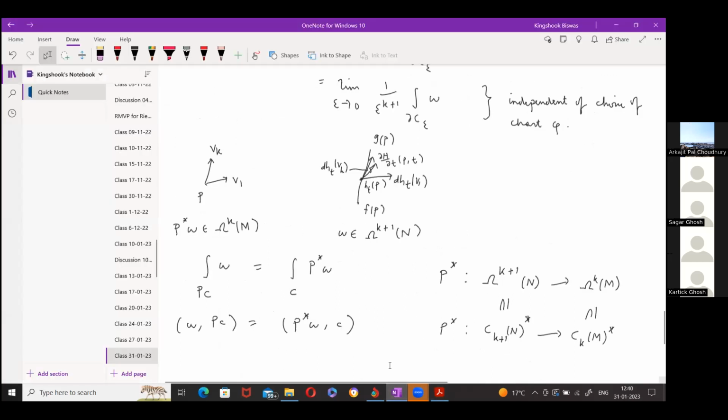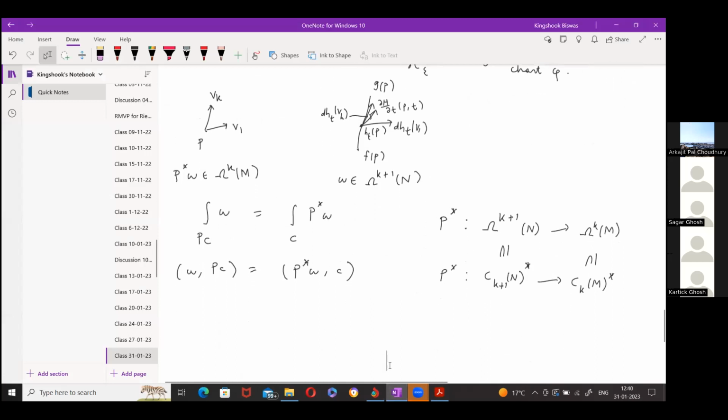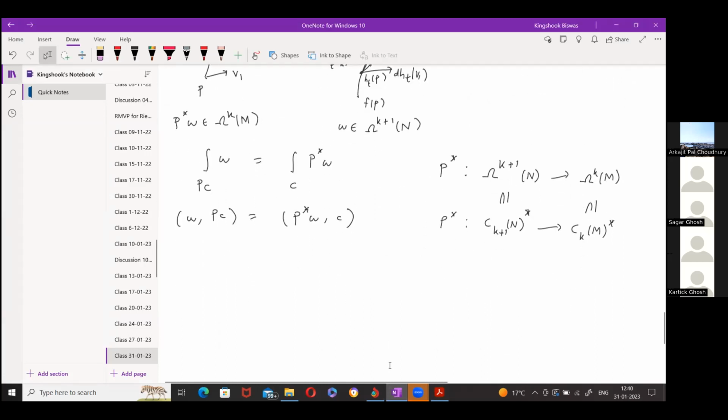In the picture, what is this corresponding prism operator going to look like?